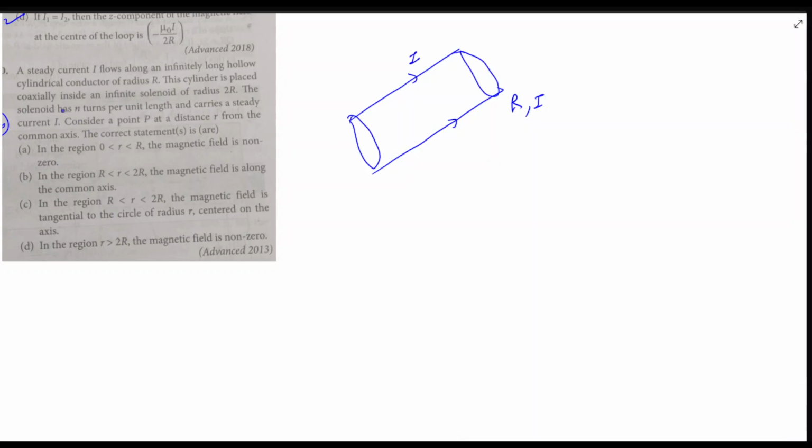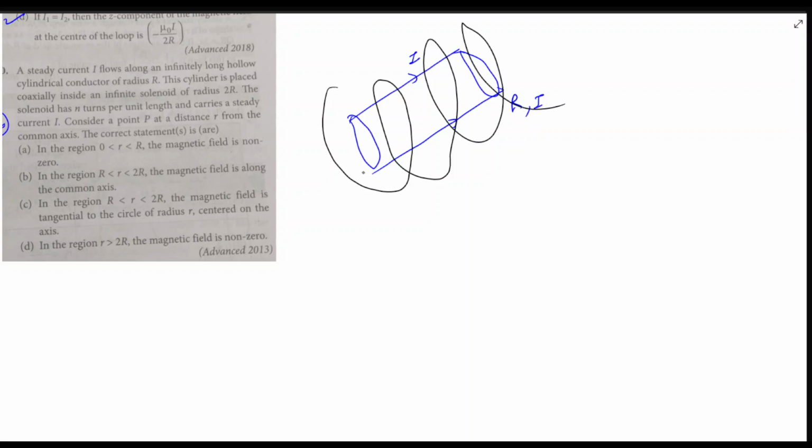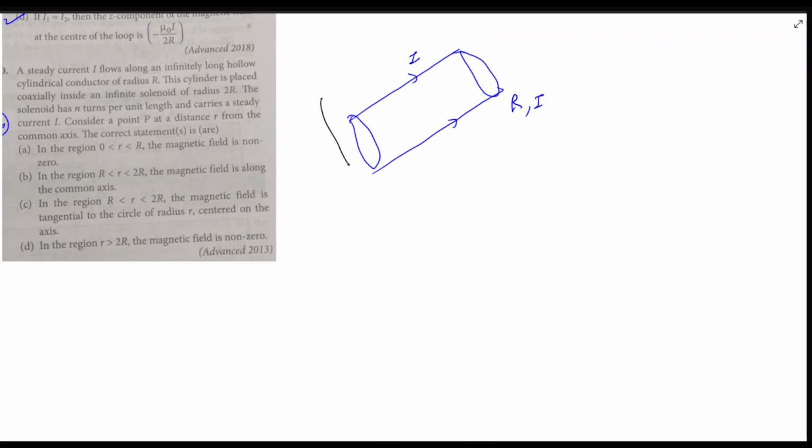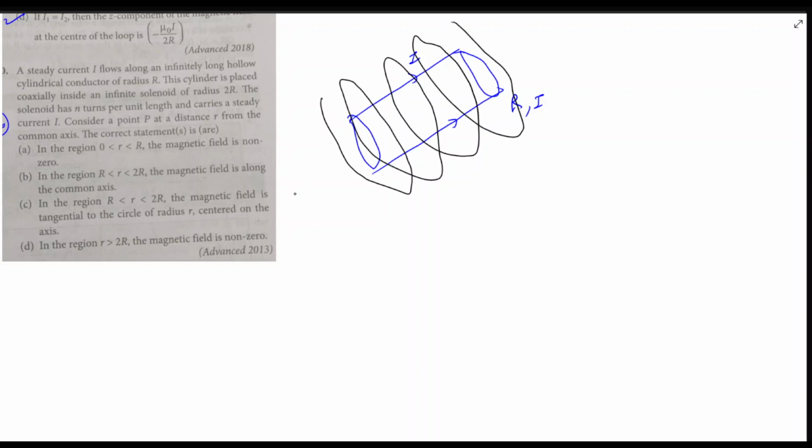Sorry. This cylinder is coaxially placed inside an infinite solenoid of radius 2r. So we have a solenoid like this, and they are coaxially placed. Okay, let me make a diagram like this, right?